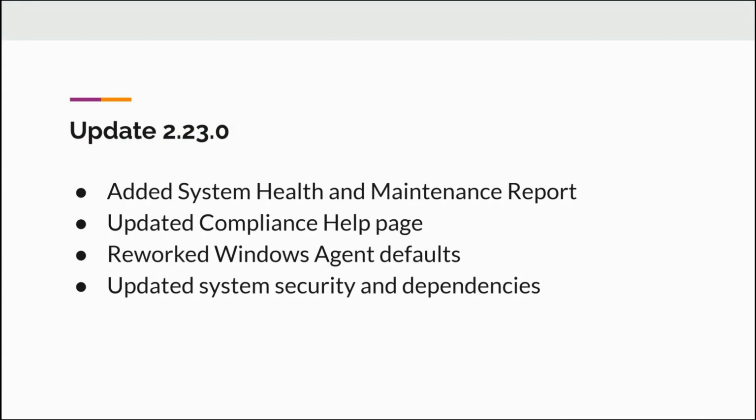A lot of people pointed out there were some dead links or some resources that had updated. All of those got updated and covered in this upcoming update. It's not in there now, but will be shortly. We also reworked some Windows agent defaults from things that have been recommended by Microsoft, and then we put our own little spin on it. I'll get into that a little later.